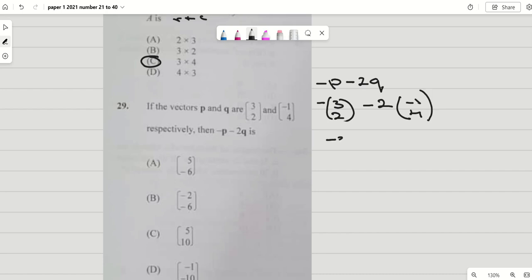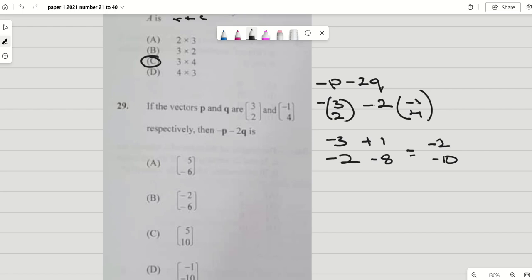That's minus 3, minus 2 times minus 2 by minus 1 is positive 1, and minus 2 by 4 is minus 8. So now minus 3 plus 1 is minus 2. Minus 2 minus 8 is minus 10.